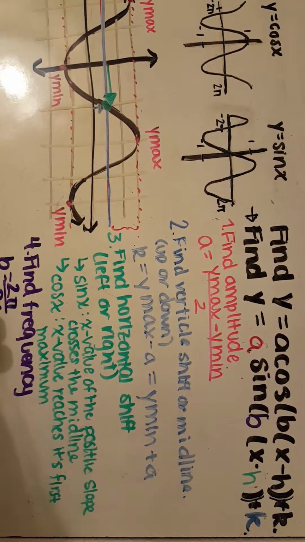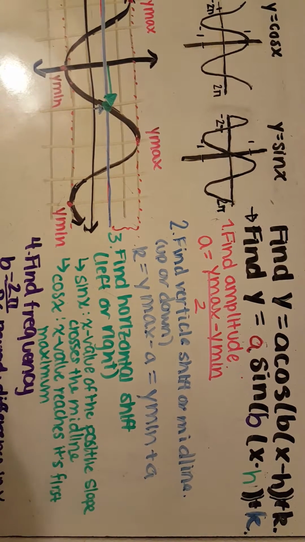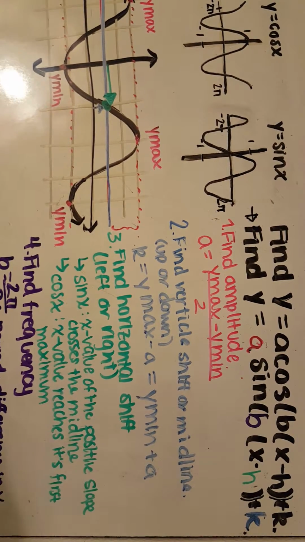And we remind ourselves that period is the difference in x between 2 troughs, which we call our minimums, or 2 peaks.